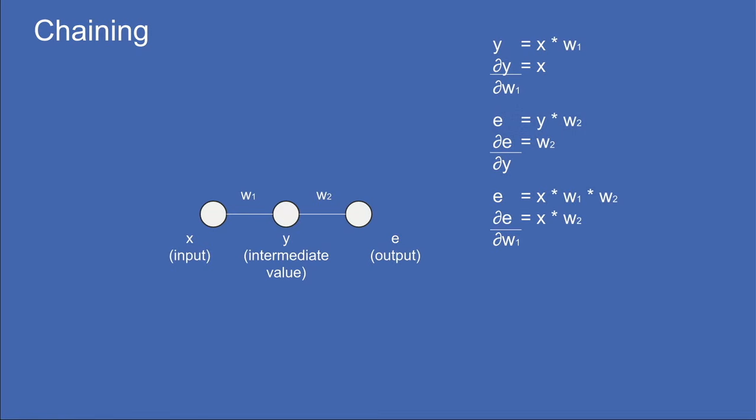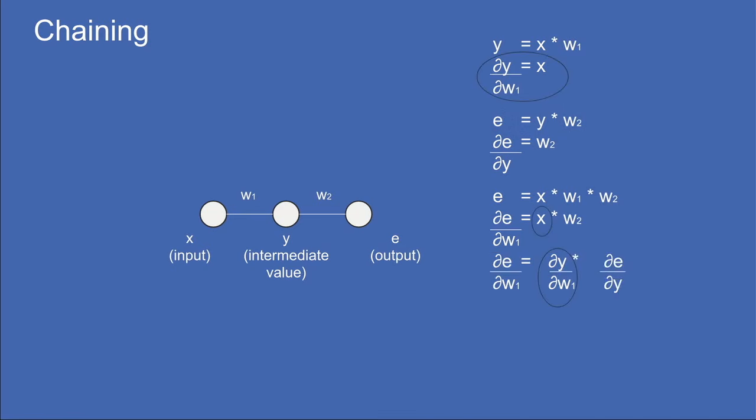Now what we'd like to know is if I change W1 by a certain amount, how much does the error change? Well, in this case, we just take that whole expression and take the derivative with respect to W1. And with a fairly trivial bit of calculus, it comes out to be x times W2.